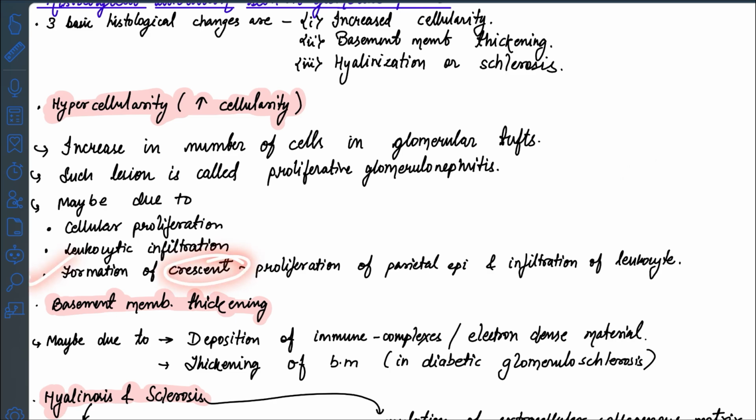Third can be formation of crescent. We'll learn about this further. Just remember here for now, it is the proliferation of parietal epithelium and infiltration of leukocytes which lead to formation of crescent. So these three reasons, cellular proliferation, leukocyte infiltration and formation of crescent, may lead to hypercellularity. This was the first histological change.